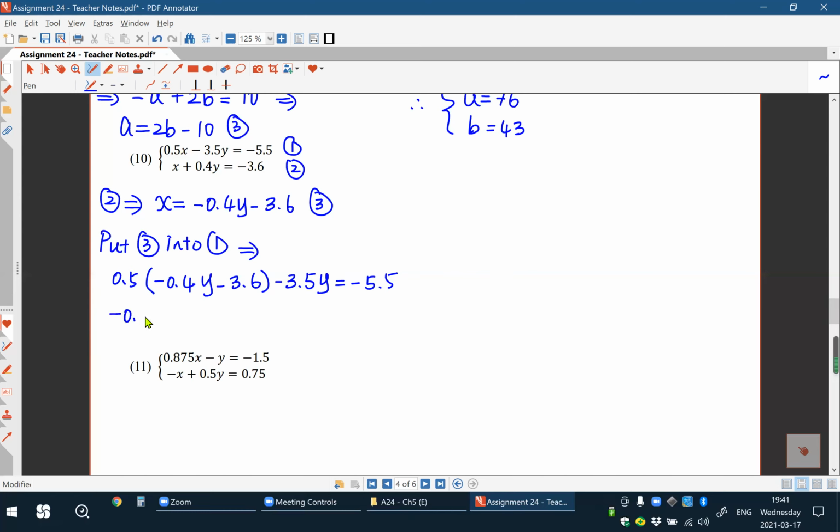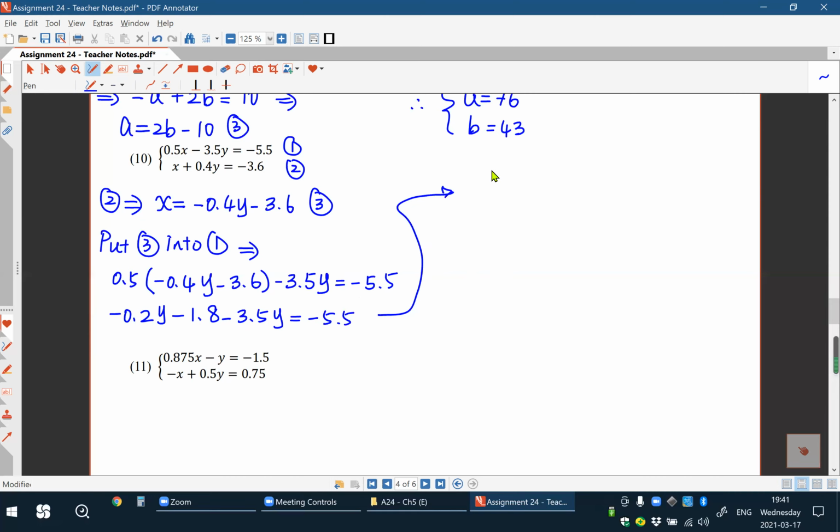So let's expand everything there. This is 0.2y minus 1.8 minus 3.5y equals minus 5.5, right? Okay, let's continue here.